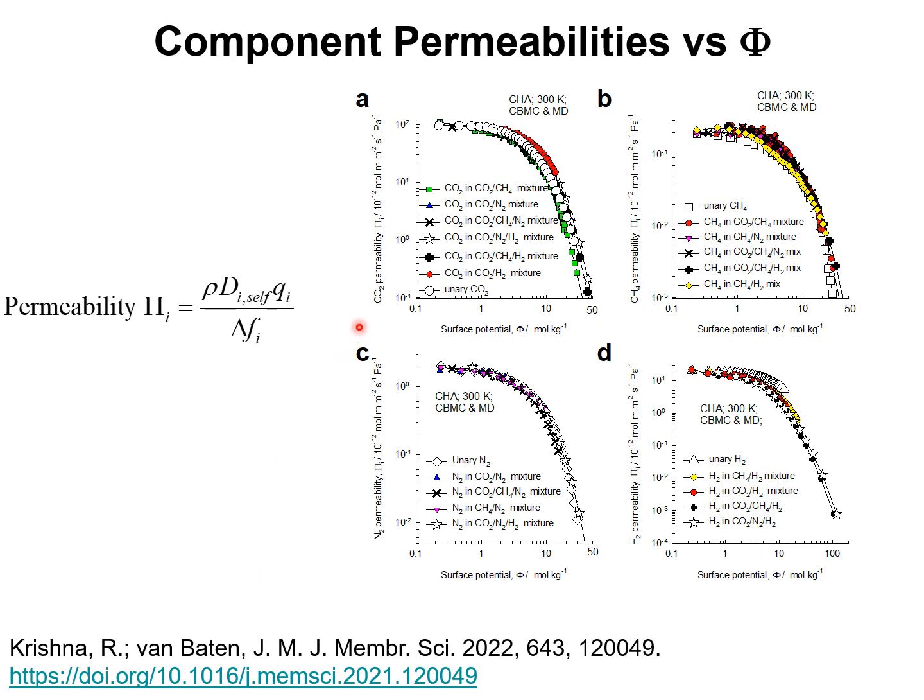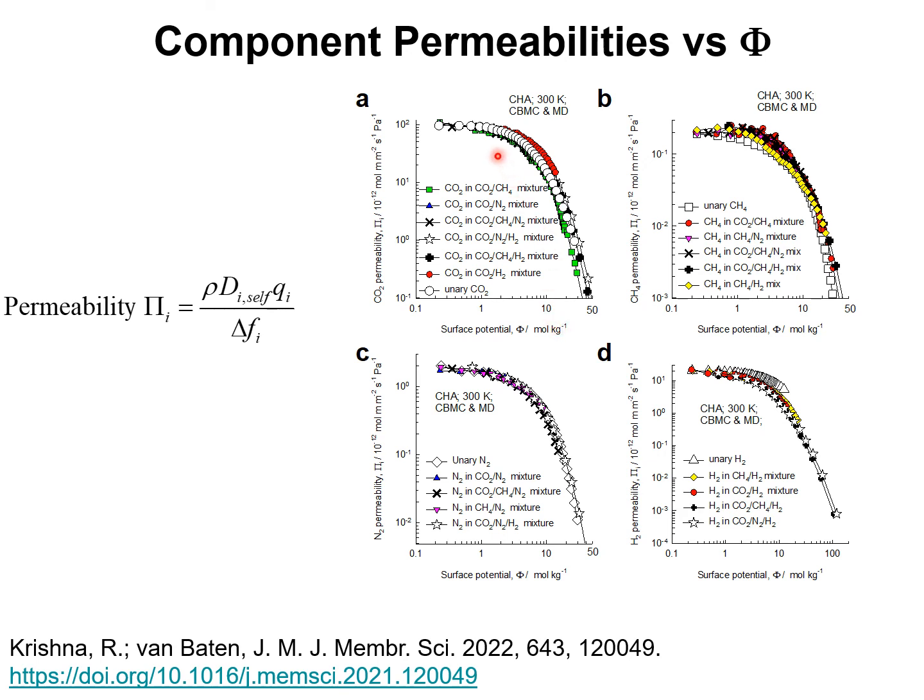We note that in almost all cases, the component permeabilities in a mixture have practically the same value as the unary component permeability, provided we make the comparison at the same surface potential.